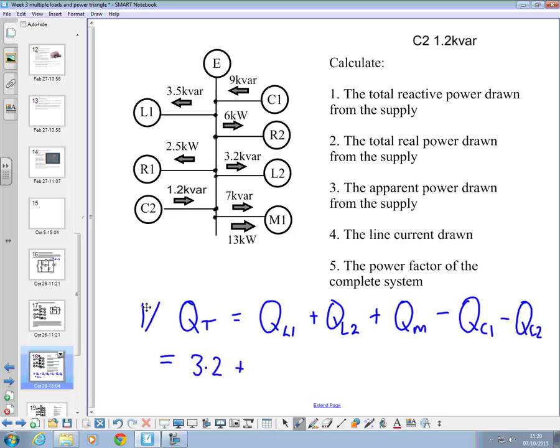L2, we haven't got an L2, yes we have, L1 is 3.5, 3.2 plus the motor is 7 plus minus C1 is 9 minus, I've only got one C, no C2, 1.2.